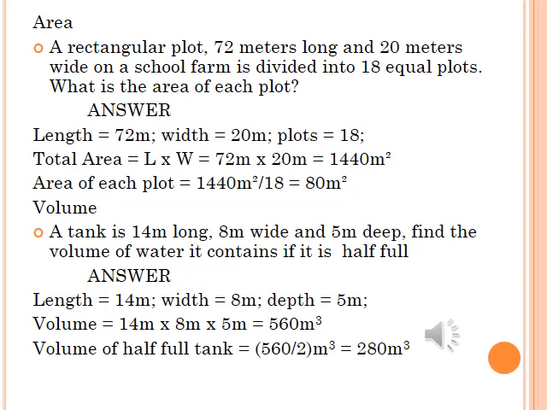Volume is length times width times depth, which is 14 meters times 8 meters times 5 meters, which will give us 560 meters cube. Volume of half full tank will be 560 divided by 2 meters cube, which is 280 meters cube.